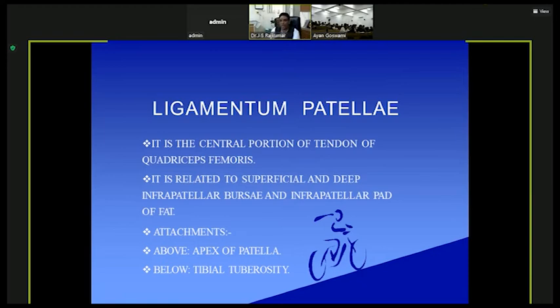So naturally, as it comes down from the patella, it will be related to the superficial as well as deep infrapatellar bursae and the so-called infrapatellar fat pad, which refers to a small amount of fat in the lower part of the knee joint, anterior to the joint and superior to the tibial tuberosity. So that's the ligamentum patellae.